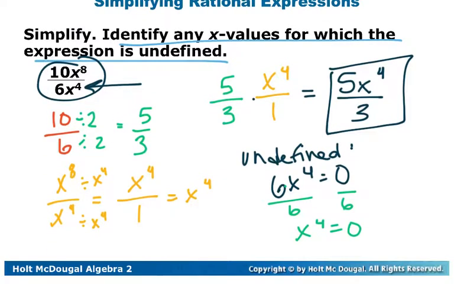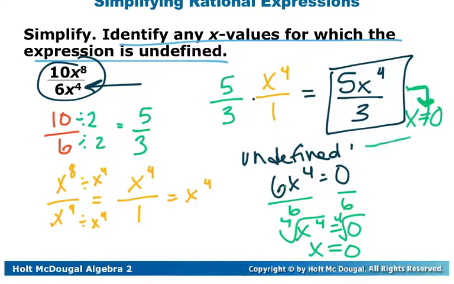And then if we take the 4th root, because that's going to undo a 4th power, it's still 0. So x cannot be 0. That's the undefined part, because otherwise you would have a denominator of 0, which we don't want in that original function.